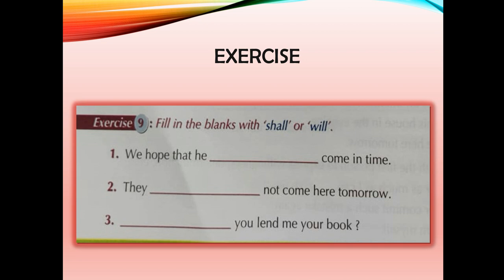We hope that he will come in time. They will not come here tomorrow. Will you lend me your book? So, these are few examples related to the use of will, shall, and also related to simple future tense, right?